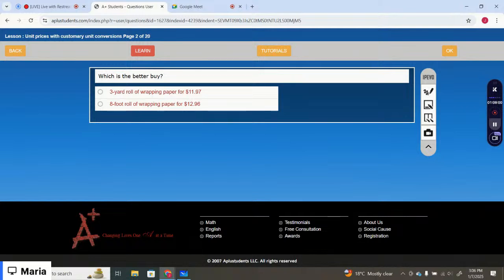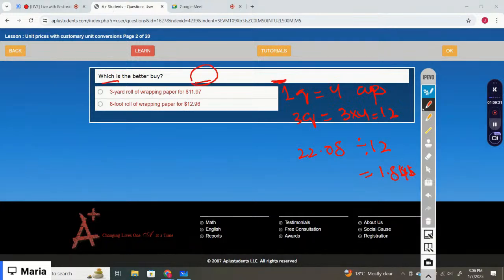Which is the better buy? That is 3 yards of wrapping paper for $11.97 and an 8-foot roll of paper for $12.96. So that is in yards and that is in feet.